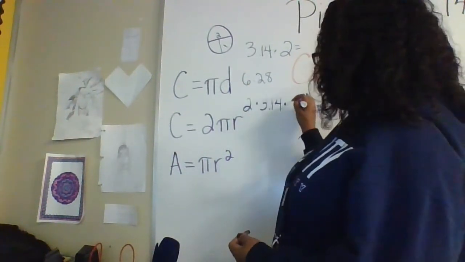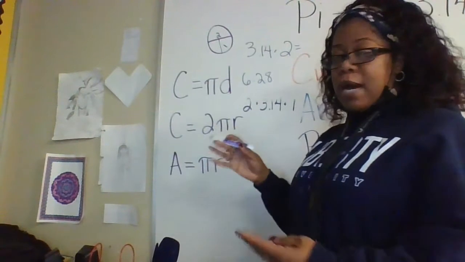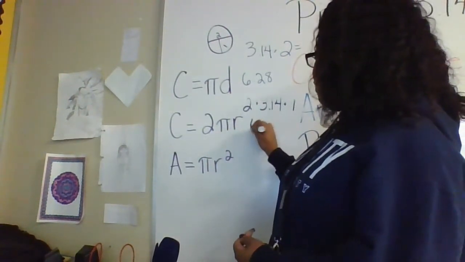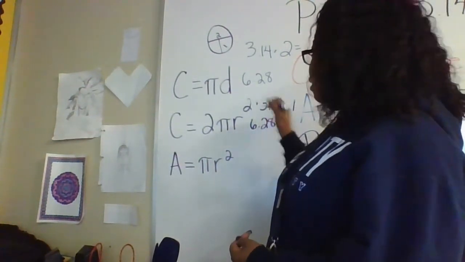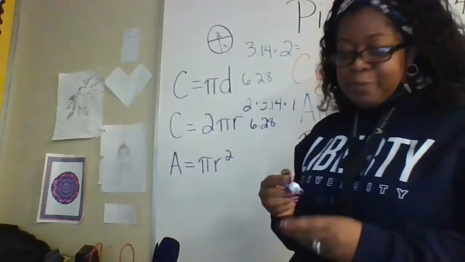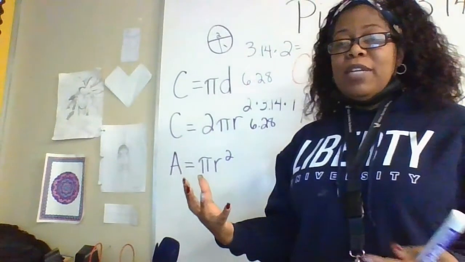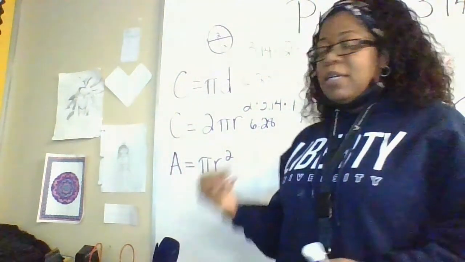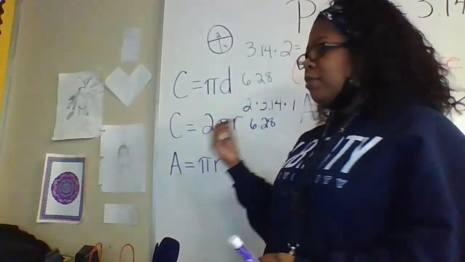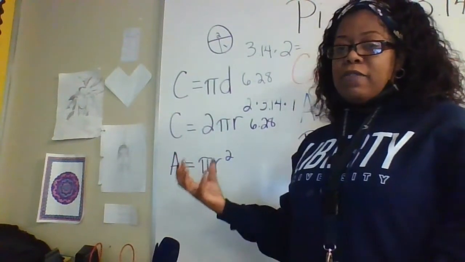If I multiply all those together, I get 6.28, as I should, because it's the same circle, right? Okay, good. So that is how we find the area, or I'm sorry, the circumference of a circle.